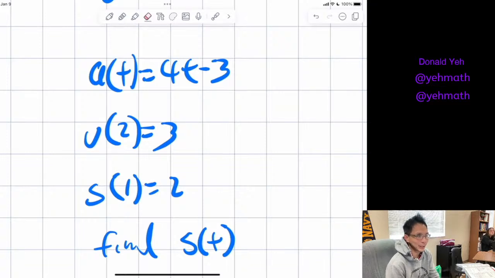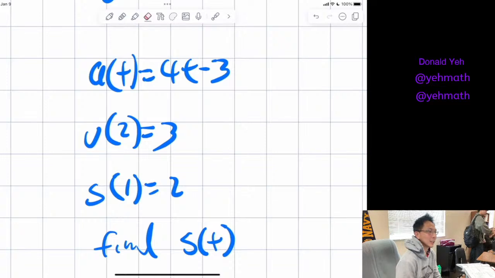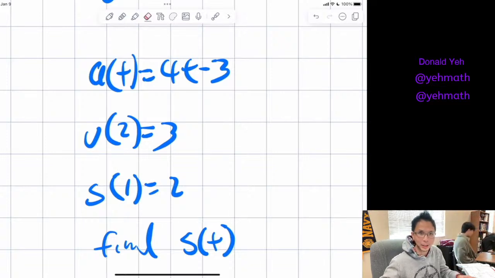V of t is the first derivative. S of t is the original function. Guess what? They're the same questions. Now we have acceleration, velocity, and position in play. You have to apply the last test. If you don't learn from the mistakes on your last test, it's very easy to miss it.